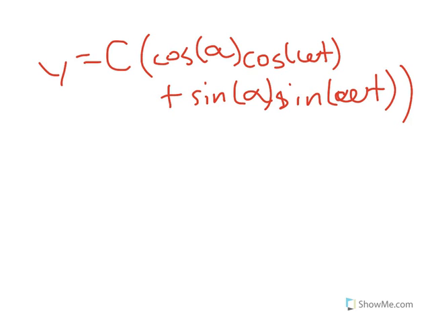Close parentheses. So now it's pretty obvious how to get to the form cosine of alpha minus beta.